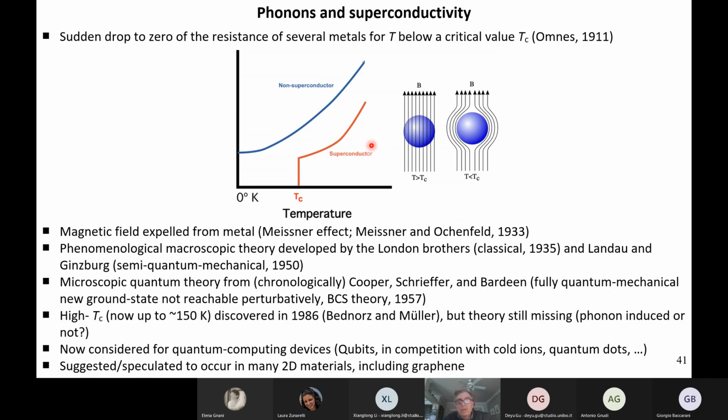There are lots of interesting effects when the resistivity suddenly drops to absolute zero. One of them is, for example, the Meissner effect: if you have a material and you apply a field, the field goes into the metal, but once the material becomes superconductive, the field is expelled.